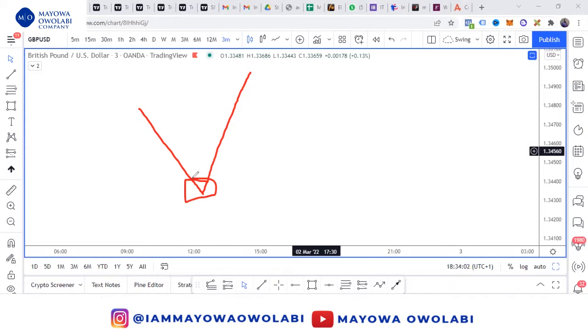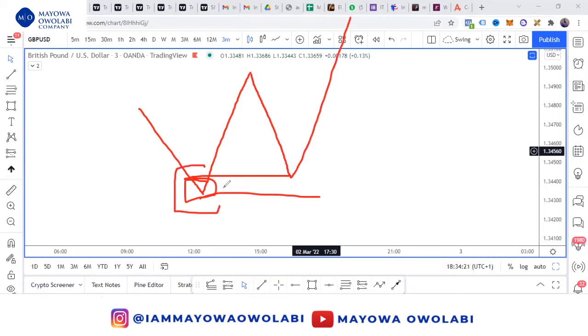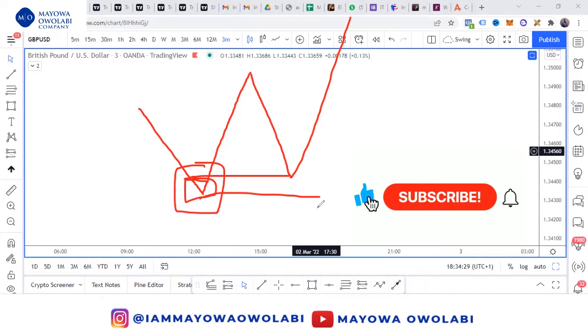What it means is that there will be imbalances, pending orders that the institutions will want to use to join the moving trend. So this is a potential order block level. So how do we now identify this?